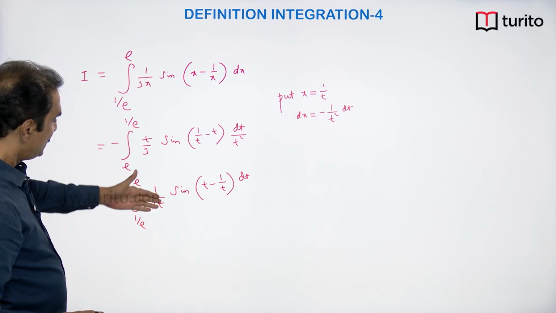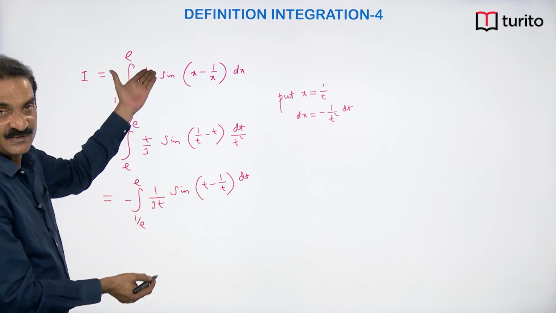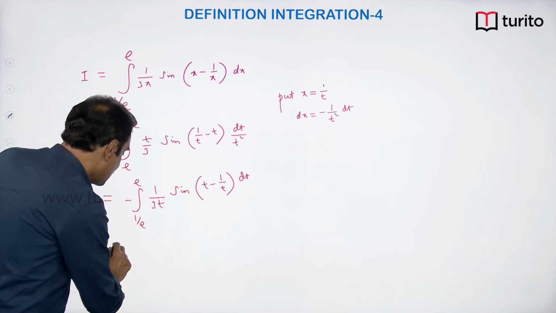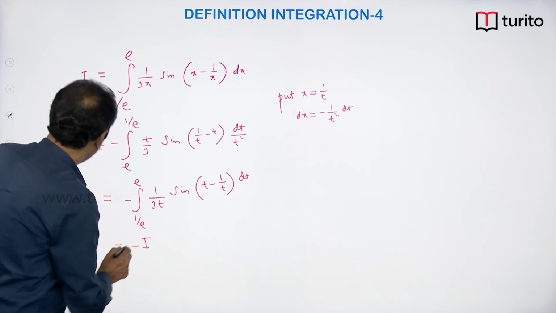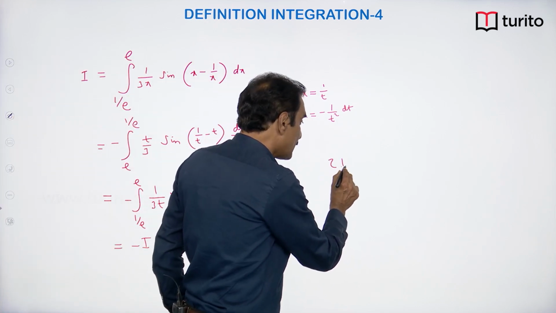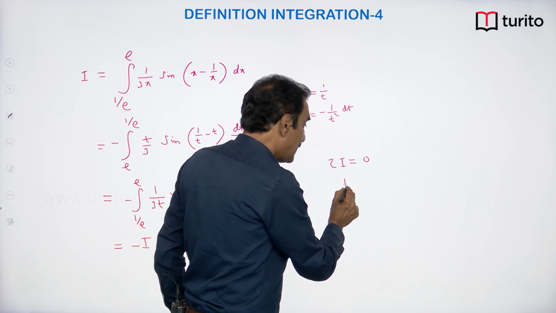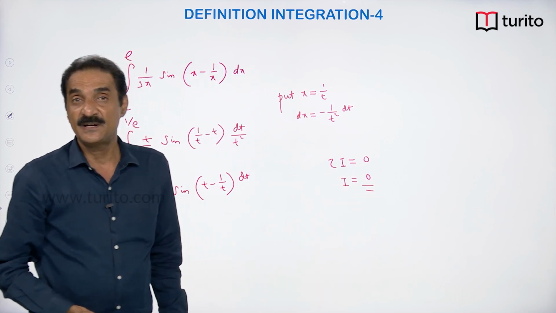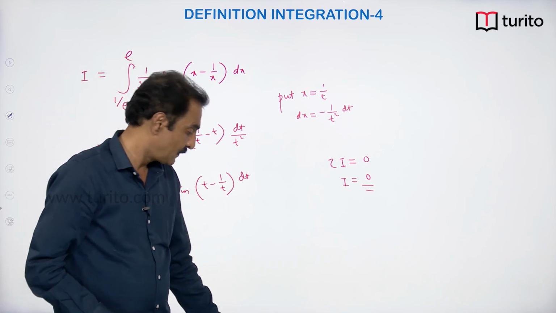If this is I, this is minus I, whether it is x or t, function is same, limits are same. So this is equal to minus I. If I is equal to minus I, then 2I is equal to 0 and I is equal to 0. So the given integral is equal to 0.